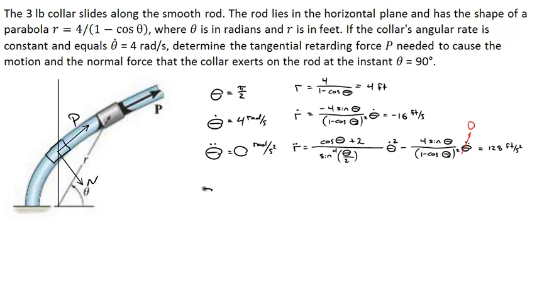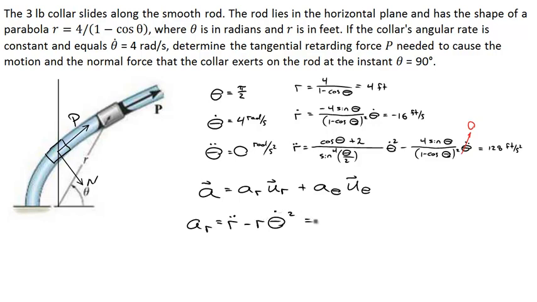The next thing I like to do is calculate the acceleration based on this information in both the radial direction, so here's the unit vector in the radial direction, plus the magnitude of the acceleration in the transverse direction. Here's a theta times the unit vector in the transverse direction. And I've got two equations for these. AR is equal to r double dot minus r theta dot squared.